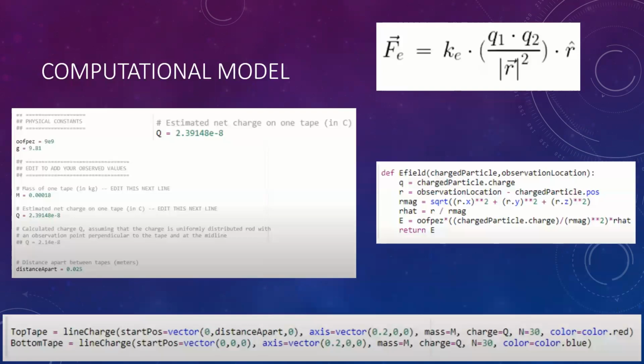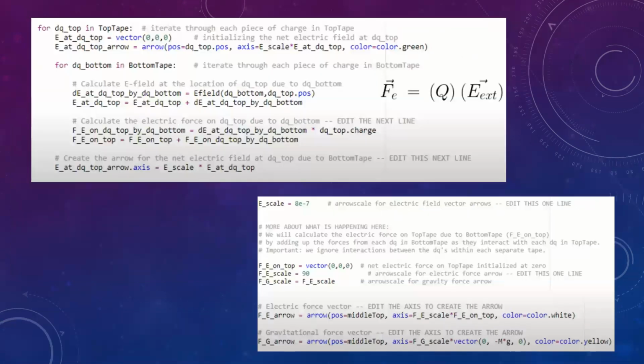In this computational model, you can see that we have the constants identified: the mass of the tape, the net charge, as well as the distance apart. Then we calculated the E field, based on the equations previously shown, and then we calculated the E force.